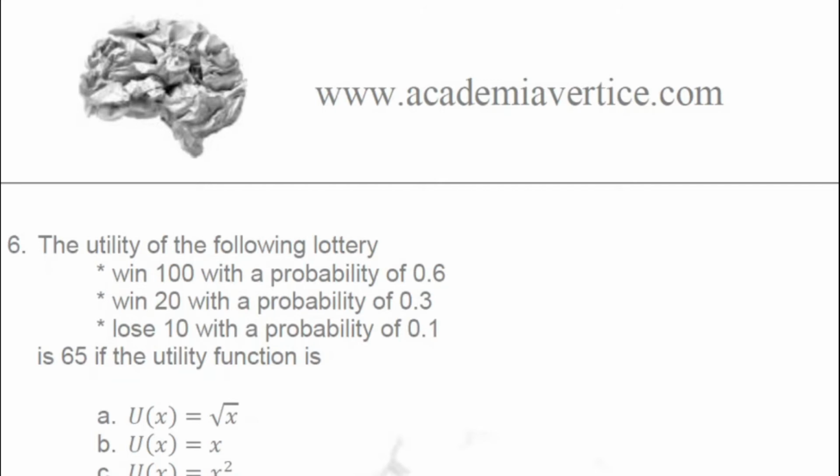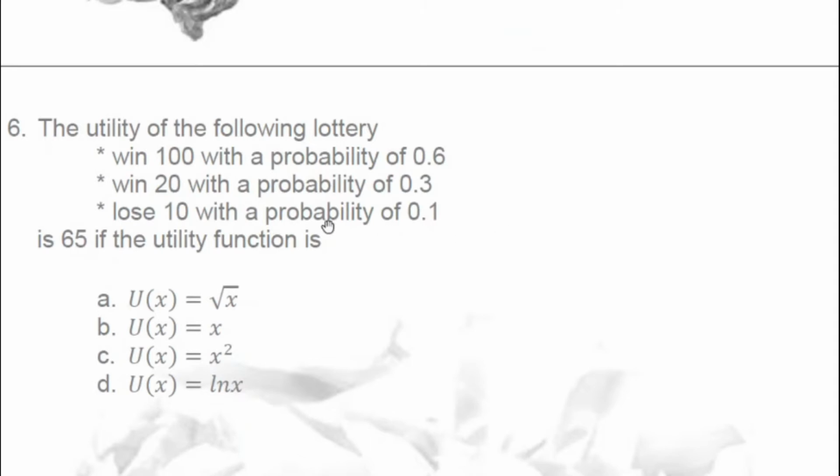Now, question number 6. The utility of the following lottery: I win 100 with a probability of 0.6, I win 20 with a probability of 0.3, and I lose 10 with a probability of 0.1 is 65 if the utility function is, well, one of these functions.